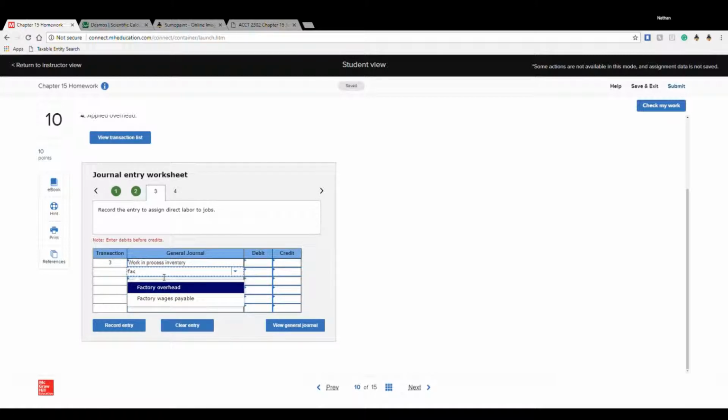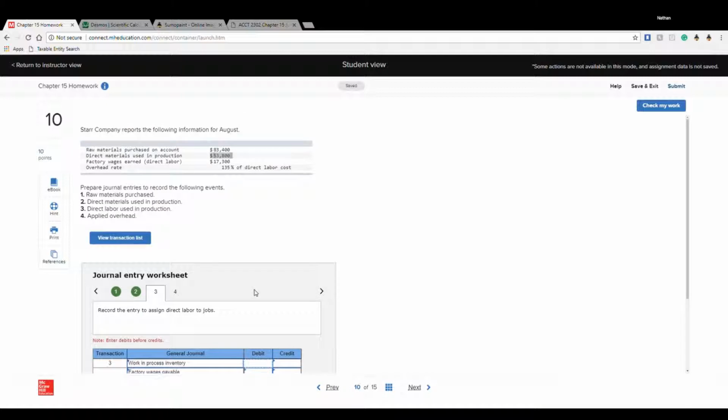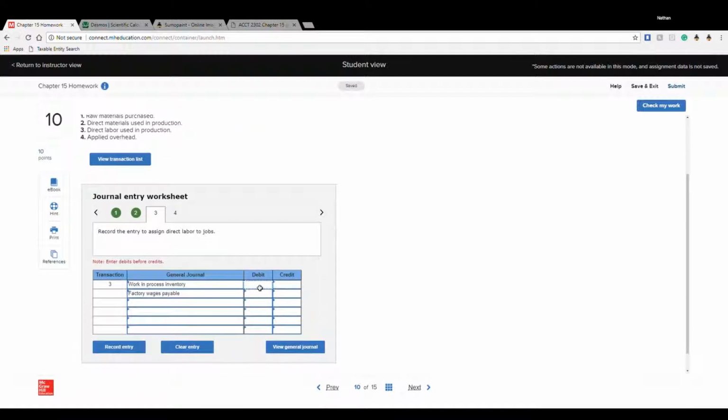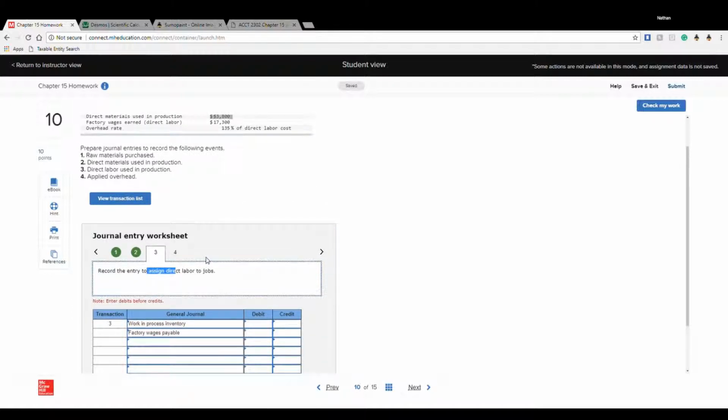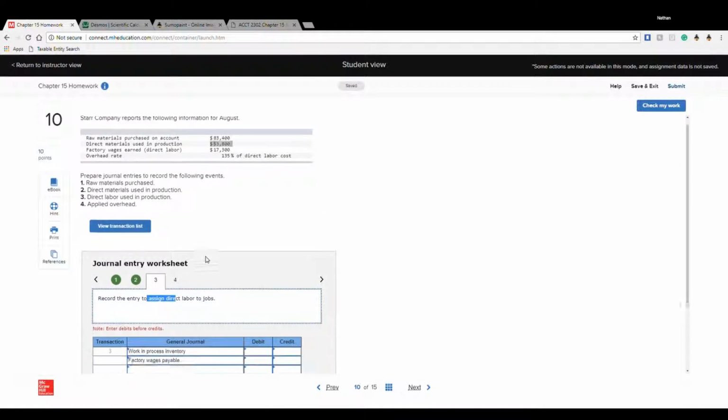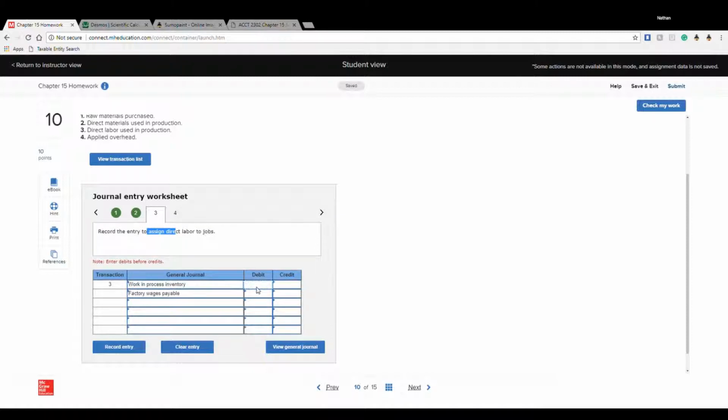It just says assigned to. So we're going to use factory wages payable. Again, this can be iffy. Just have to kind of read what it says. Since it says assigned direct labor, that seems more like the payable. Again, if it says paid, then I will probably figure more cash.